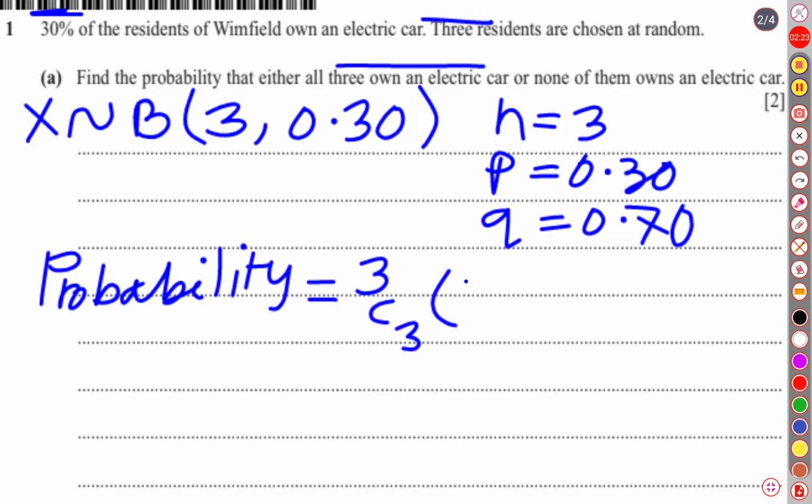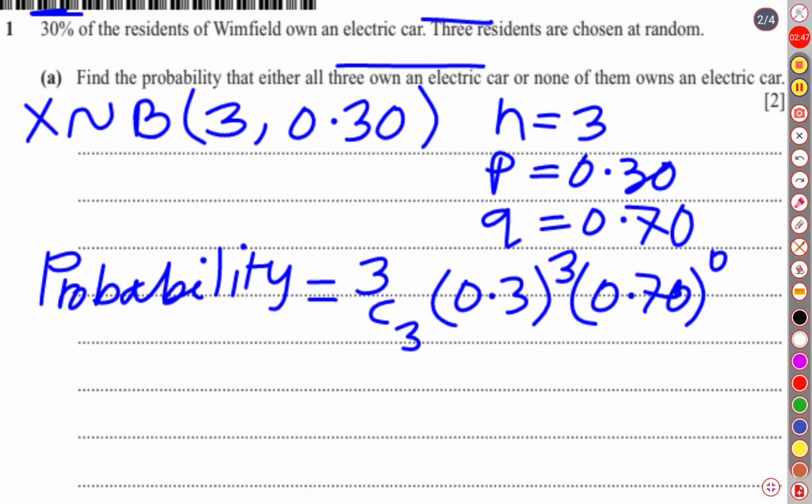The probability of having a car for each resident is 0.30, and this happens 3 times. And there is no resident who doesn't have a car, so the probability of having no car is 0.